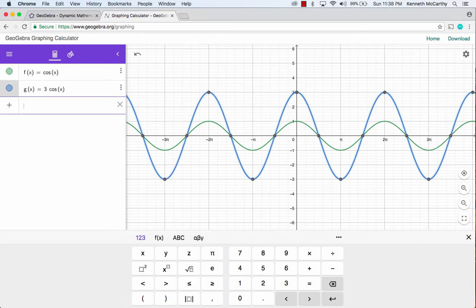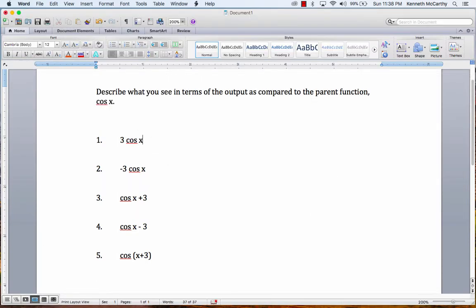So that answers the first question here. The output of the graph has been vertically stretched by a factor of 3.